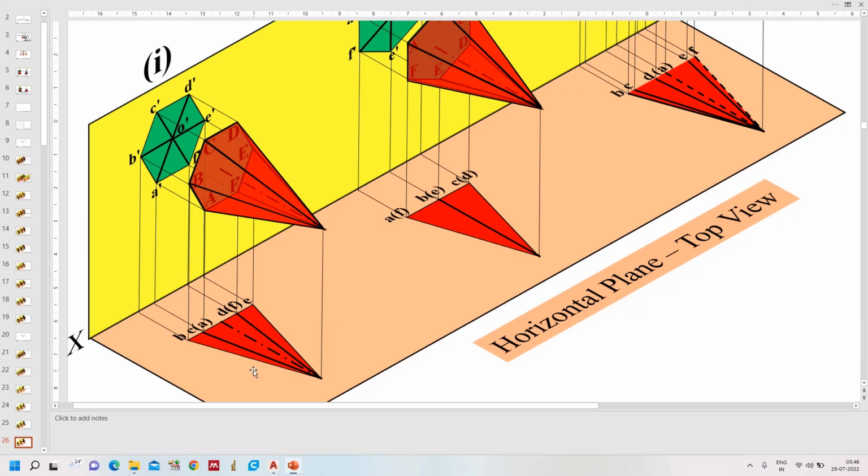But if you observe the top view projection, I didn't draw the dashed line because the edges CO and AO lie in the same line, so these two edges overlap with each other. So the first priority I am giving to the visible line rather than the hidden line. Here also the first priority is given to the DO edge rather than the hidden FO edge. That's why I drew it this way, and there is no overlapping with the center line, so straight away the center line.